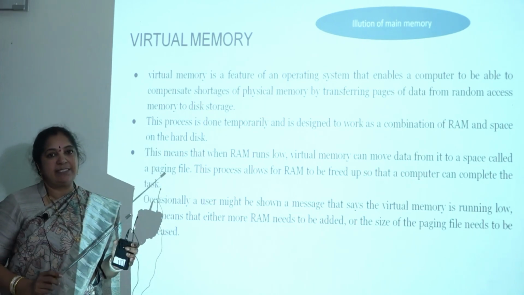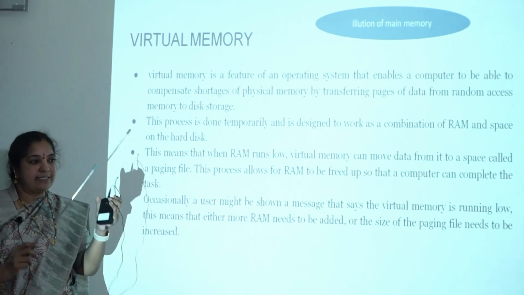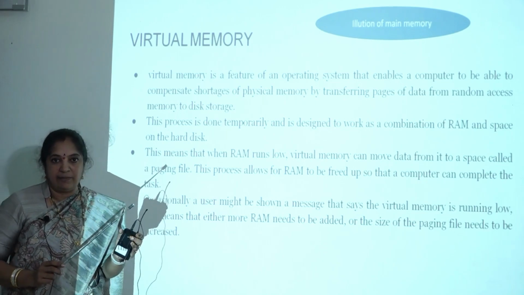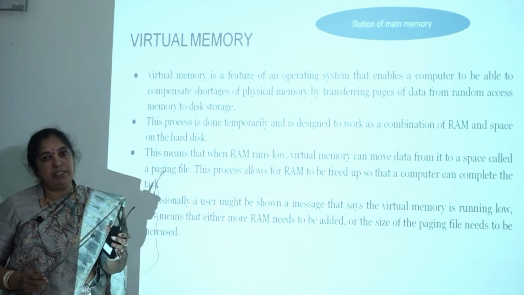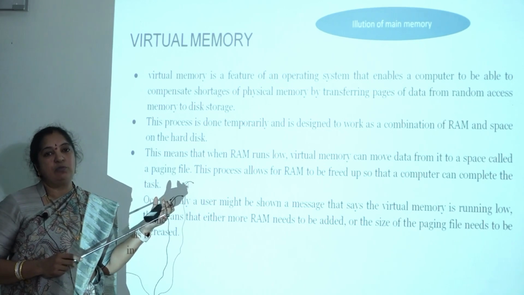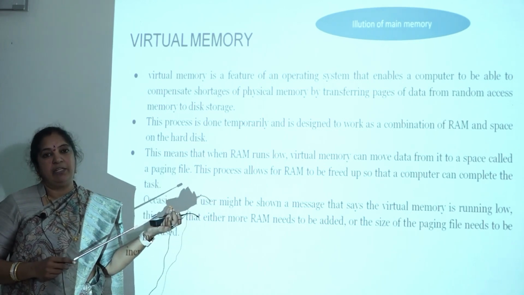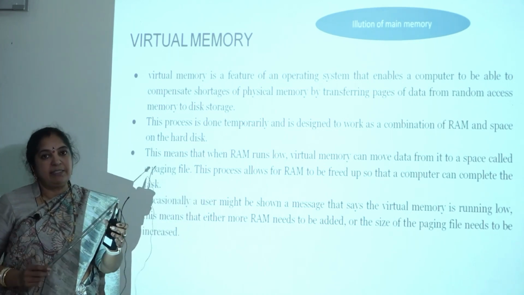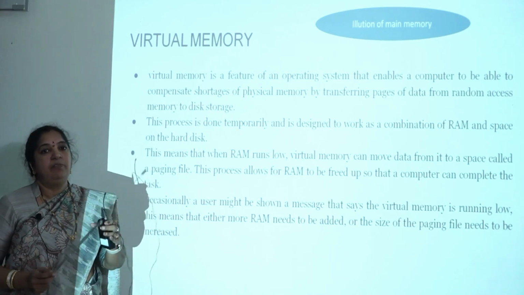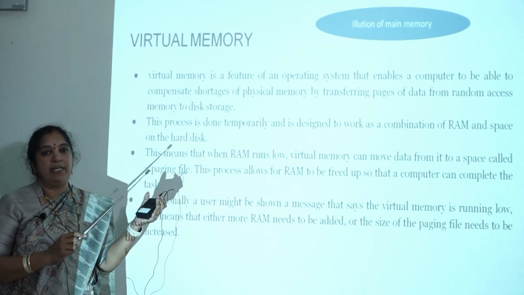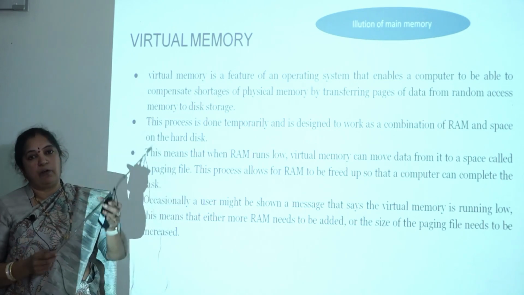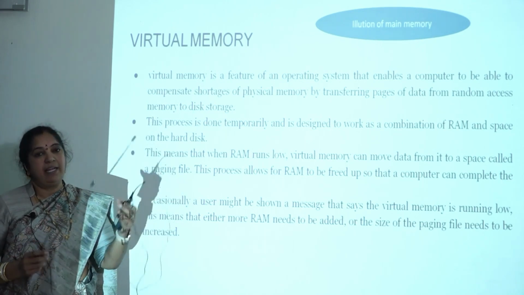Whenever it is necessary, when the processor requests a particular page that is not available in the main memory, because this is virtual memory, at that time we request that page and it is brought into the main memory. There again we have two cases.